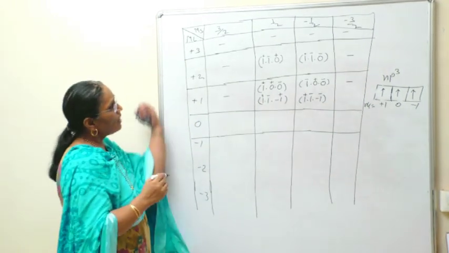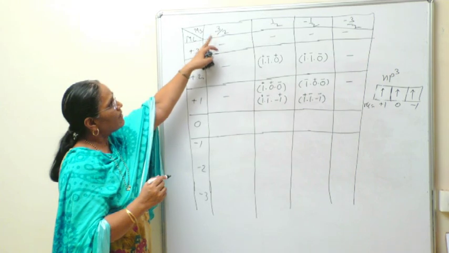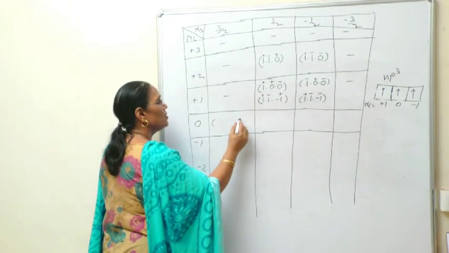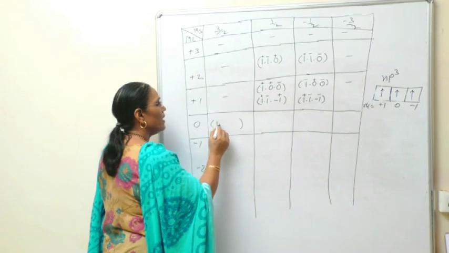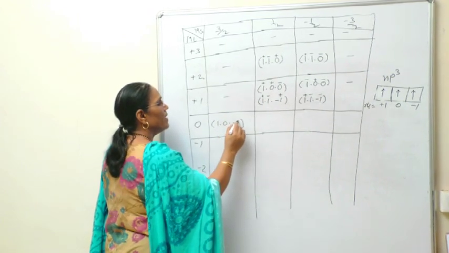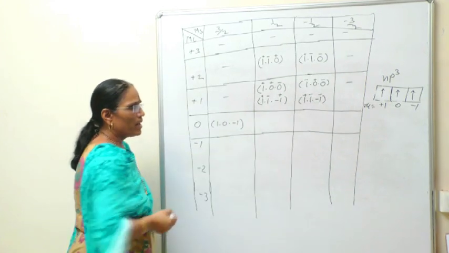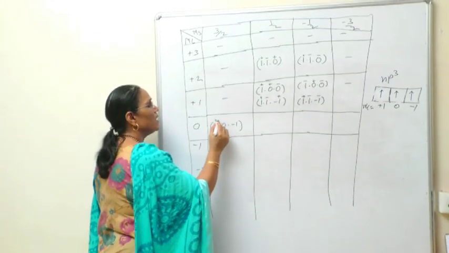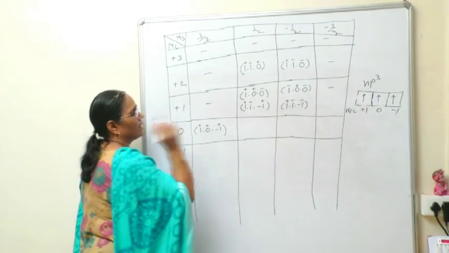Therefore total ms is plus 1/2 plus 1/2 plus 1/2, that is 3 by 2. So this microstate can be shown as 1, 0, minus 1. These are the orbital quantum numbers of the respective electrons, and the spins are plus, plus, plus.